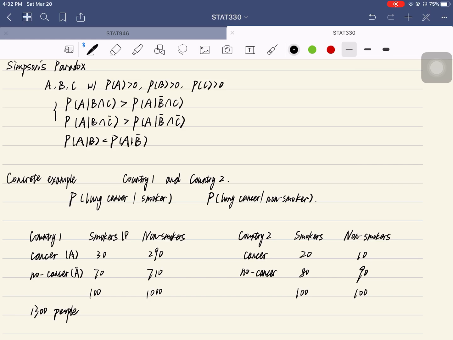Similarly, smoker is event B and non-smoker is B bar. Also, the country is event C, and this is C bar.